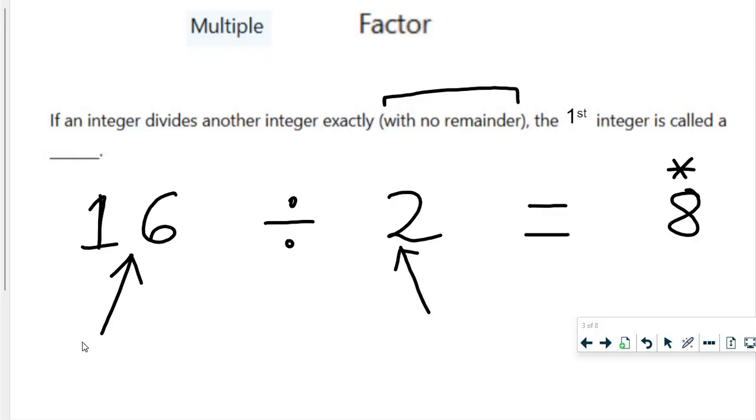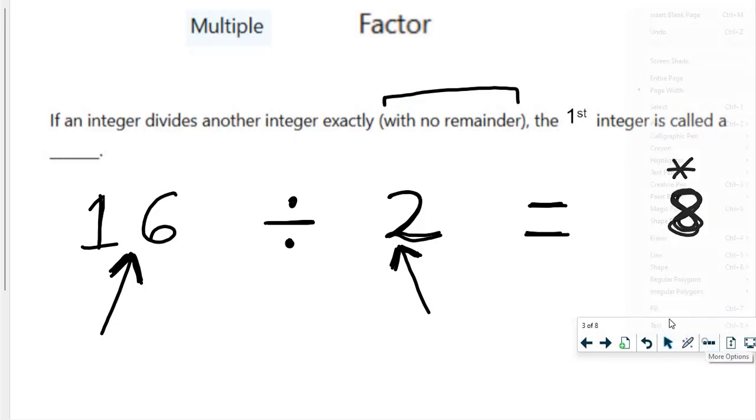Now, this first number here, which when you divide by the second number, which is 2, if you get the answer without a remainder, therefore, the first number is known as the multiple, and the second number is known as the factor.